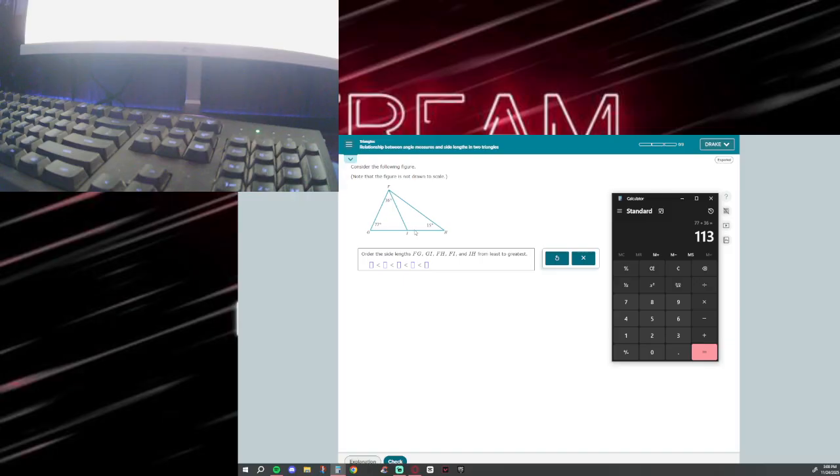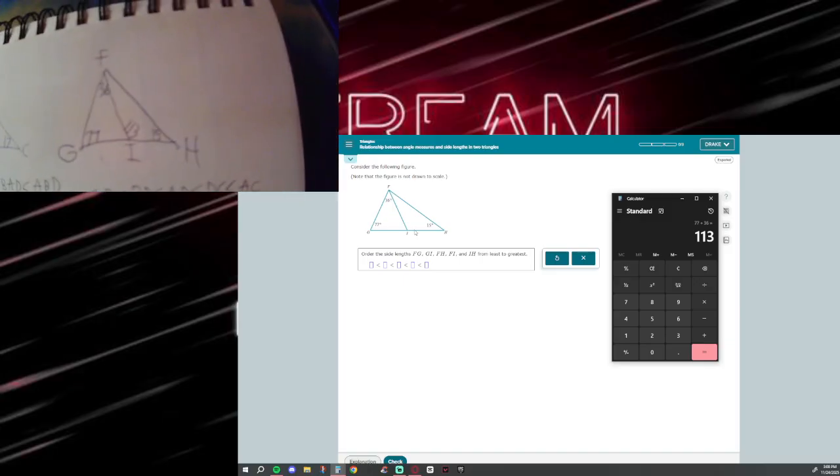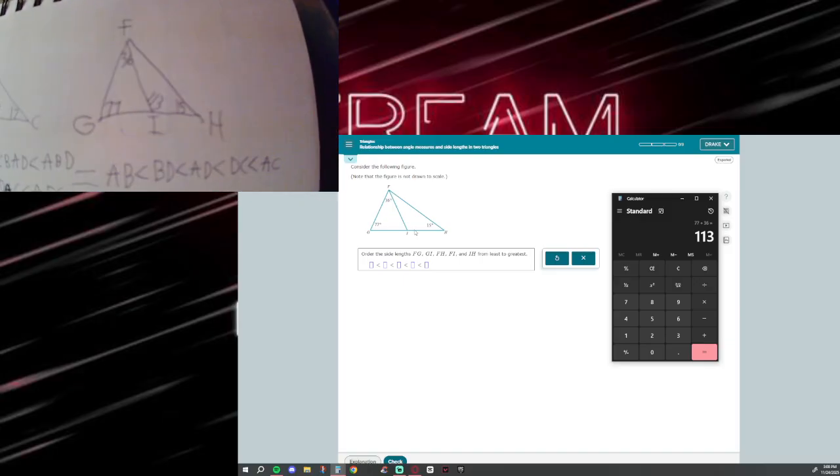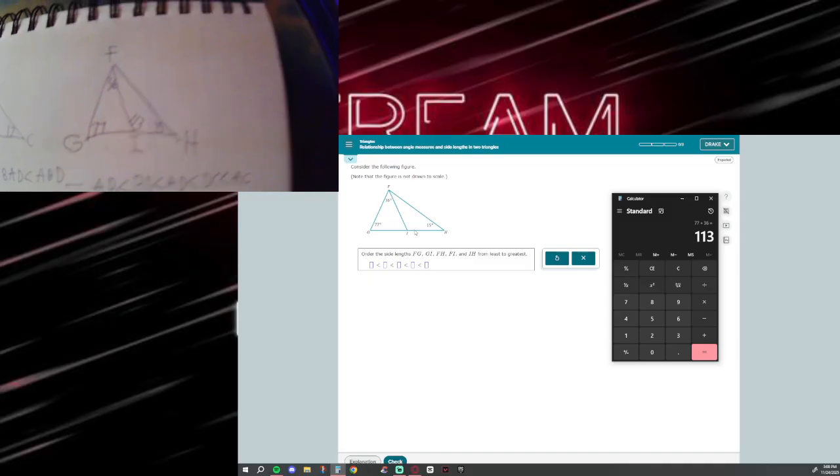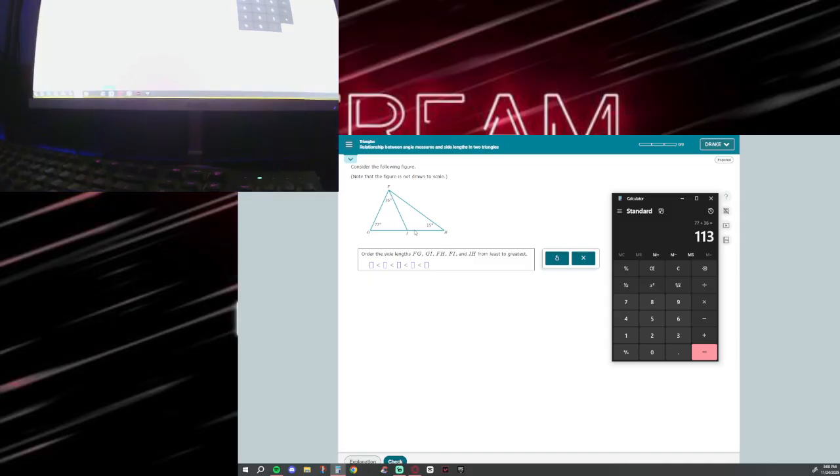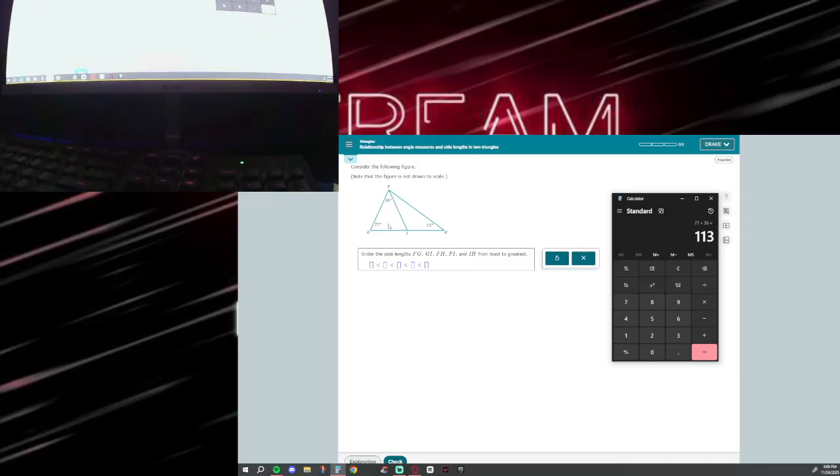Okay, so here's what we have so far. We have 113 added right there, because that is the angle we found by adding these two. Now I need to check that I'm correct.